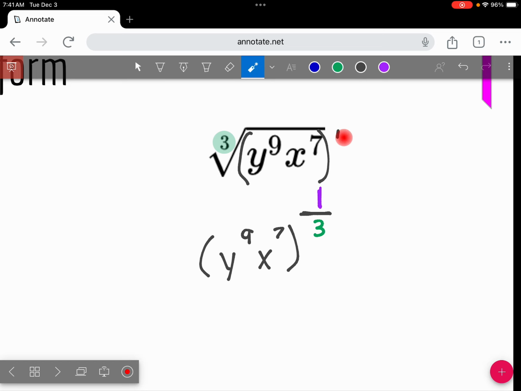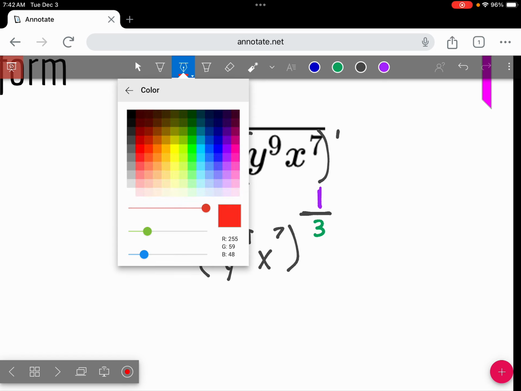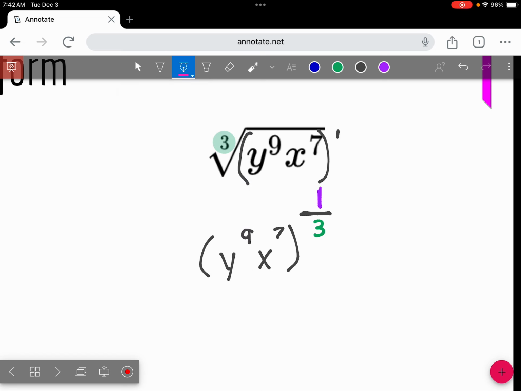What do we do with powers when I've got them over something being multiplied? We did it in Algebra 1, but I know it's been a hot minute. We add the power. That's if we multiply the bases, we add them. But if we raise them to a power, it feels like distribution.